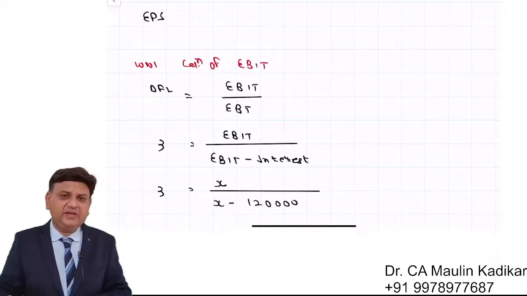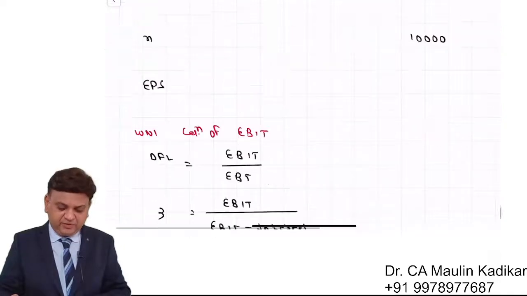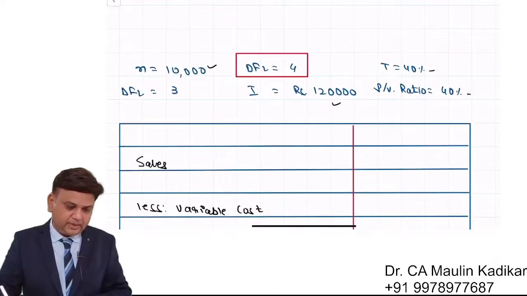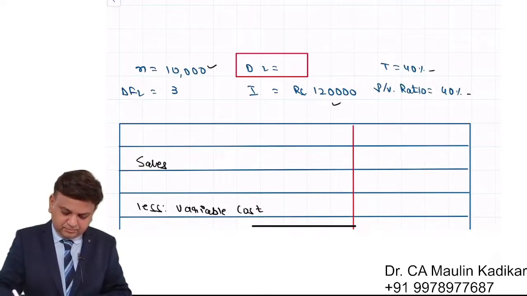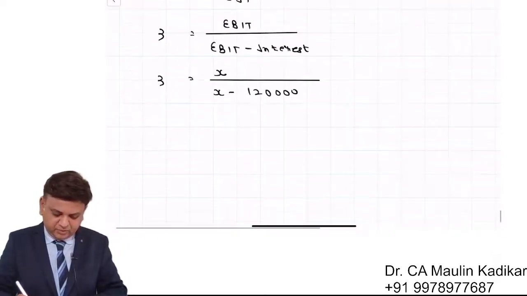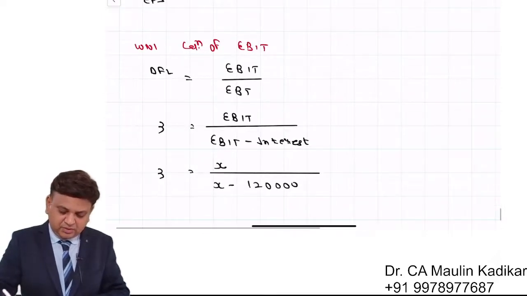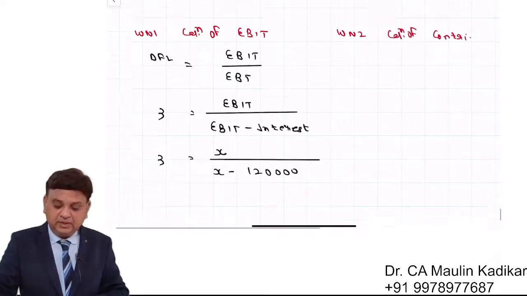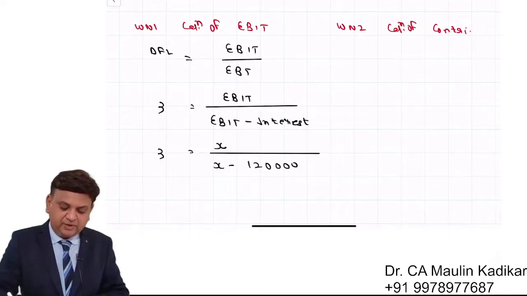Second thing, we have DOL information in the question. DOL is 4 and DFL is 3. So working note number 2, calculation of contribution. In that we can apply the formula of DOL.